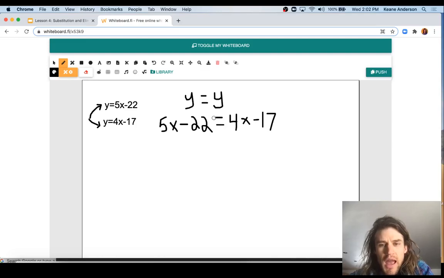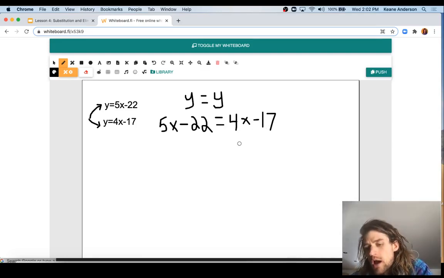So we took our y's, and instead of using y, we substituted 5x minus 22 in for this y right here, and we substituted 4x minus 17 in for this y over here. Okay, so here we go.